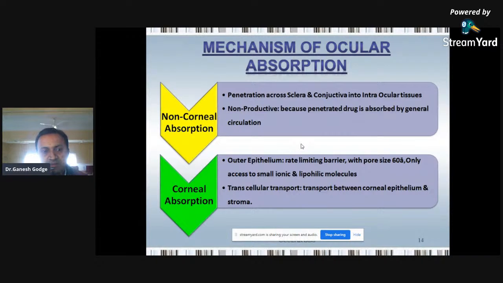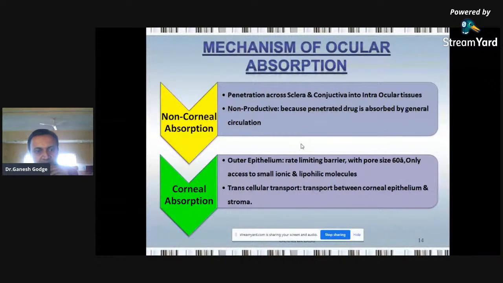Non-corneal absorption means the drug will not percolate through the cornea, but through the conjunctival route, which is an outermost water-filled channel present over the surface of your cornea.